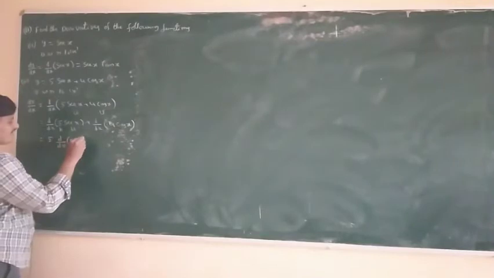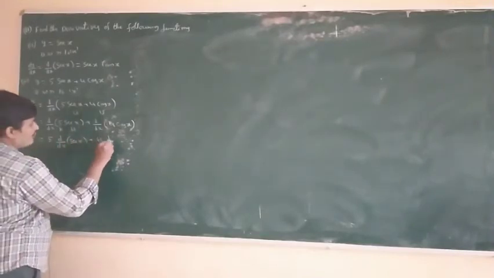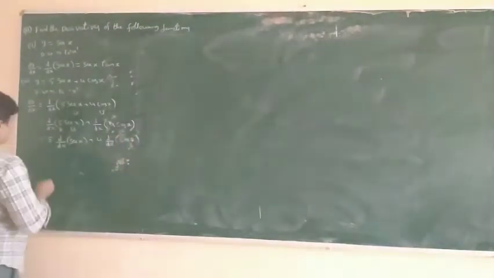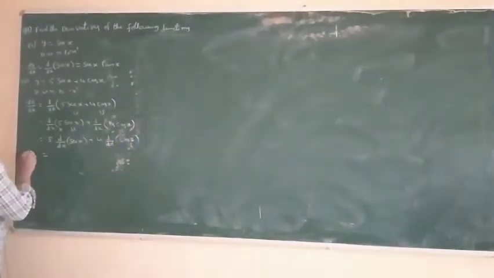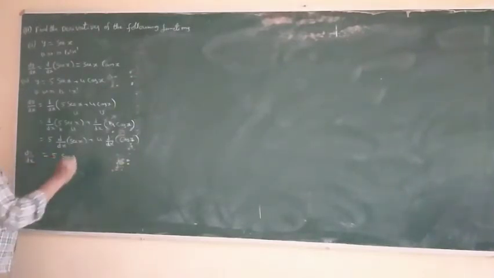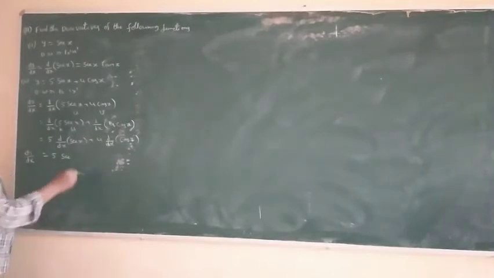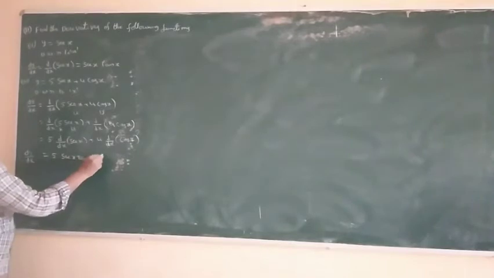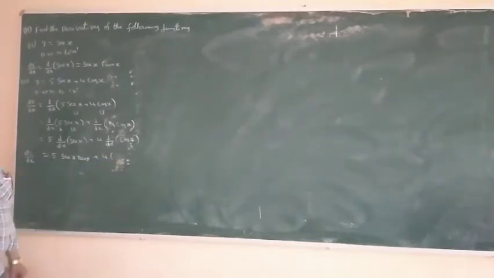Derivative of secant x plus 4 into d by dx of cos x. So dy by dx is equal to 5 into derivative of secant x, direct formula. Derivative of secant x is equal to secant x into tan x, plus 4 into derivative of cos x, fundamental formula.